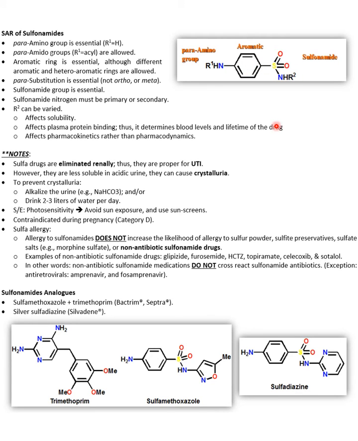Now, the reason people who have allergies to sulfonamide antibiotics are allergic is because of this group here, the para-amino group, basically the aryl amine, the amino attached to the aromatic ring, is the one responsible for allergies in people who are allergic to the sulfonamide antibiotics.